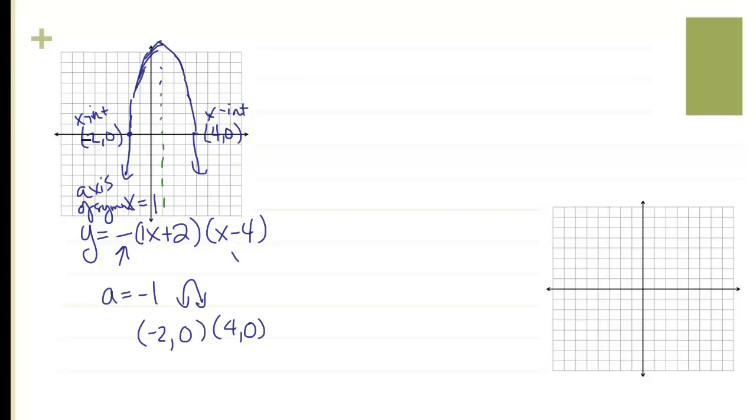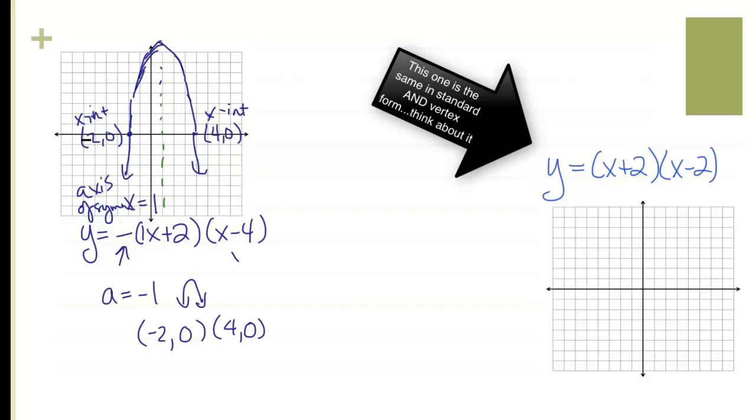Let's do one of the special cases. Remember this special case? Think about what that equation would look like before it's factored, because that's where we're ultimately heading, is graphing from standard form. And if you factor it, way easy to graph, right?